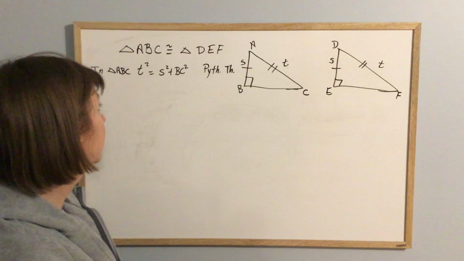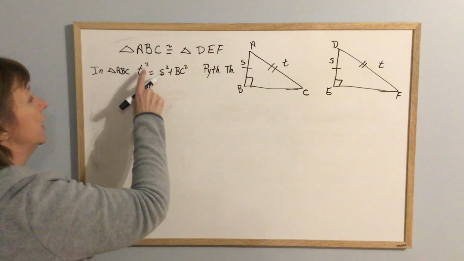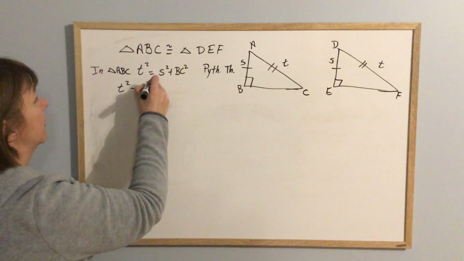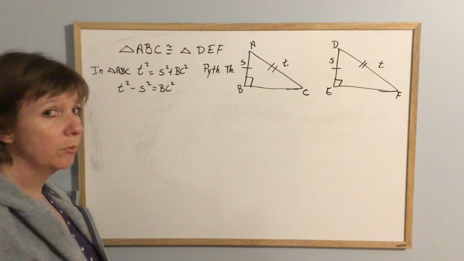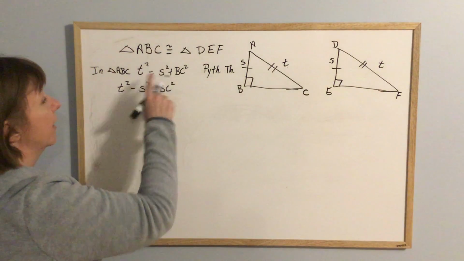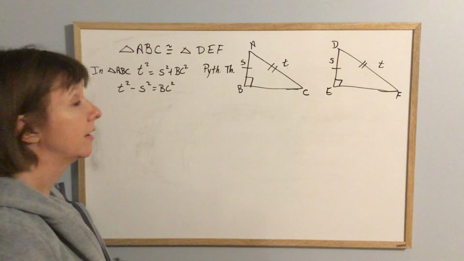And so then what they do is they rearrange this statement. They bring the S squared over here, and they say T squared minus S squared is equal to BC squared. So all they do is rearrange the formula. They subtracted S squared on this side, and they subtracted S squared on this side.